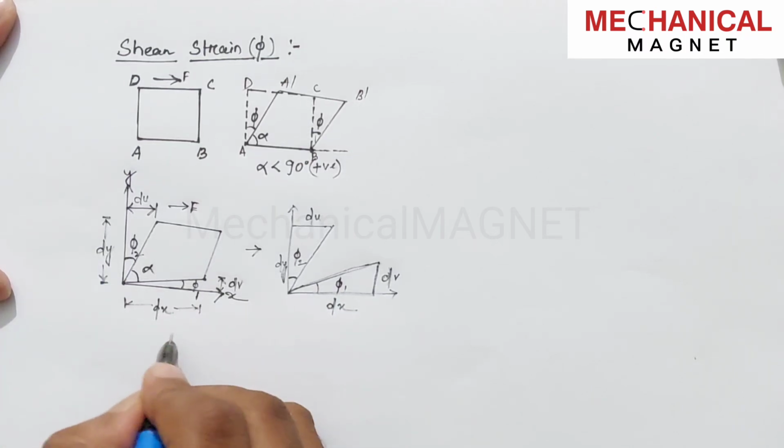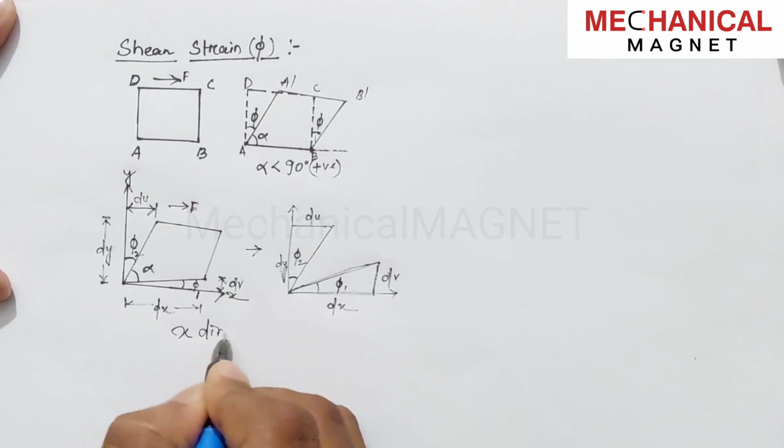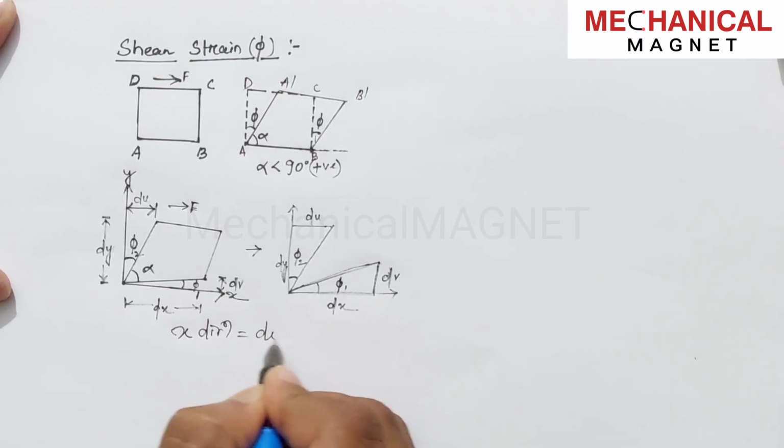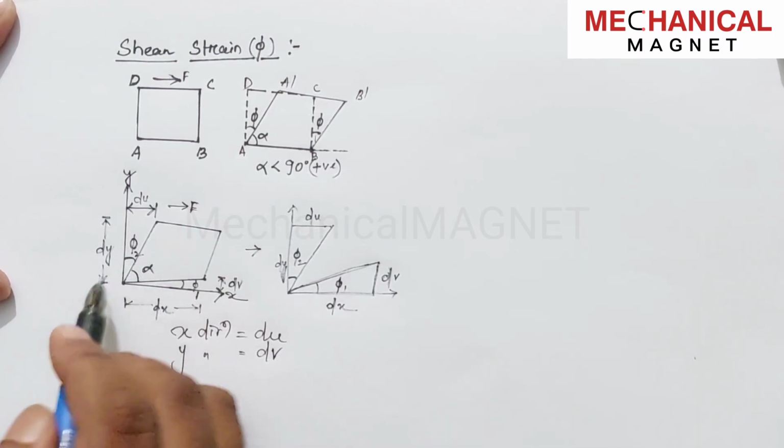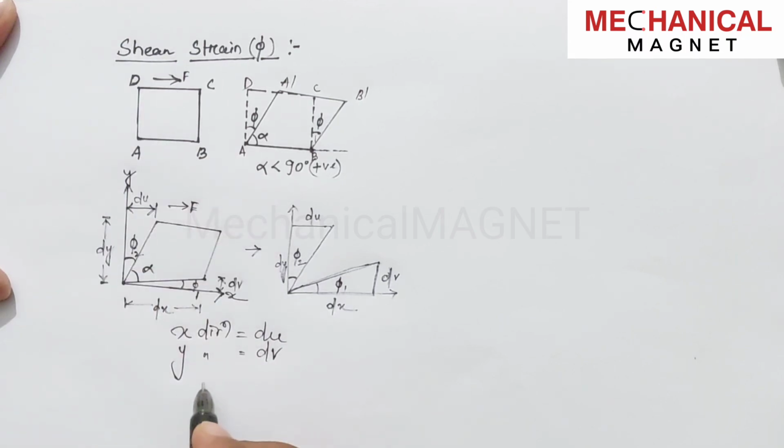The change in the x direction is du and the change in the y direction is dv. Again, phi 1 and phi 2 is the shear strain. Here we can write phi 1 plus phi 2 is equal to phi, the shear strain.